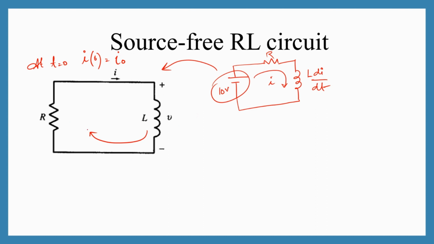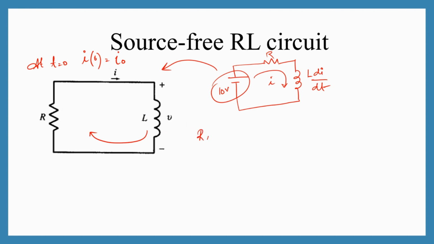Why do I say so? When we analyze this circuit, we can form the KVL equation. Since I is the current flowing through this, initially the current was I naught at t equal to 0, after which it was I. We need to find the expression for that I. For that, let's go with the KVL first.